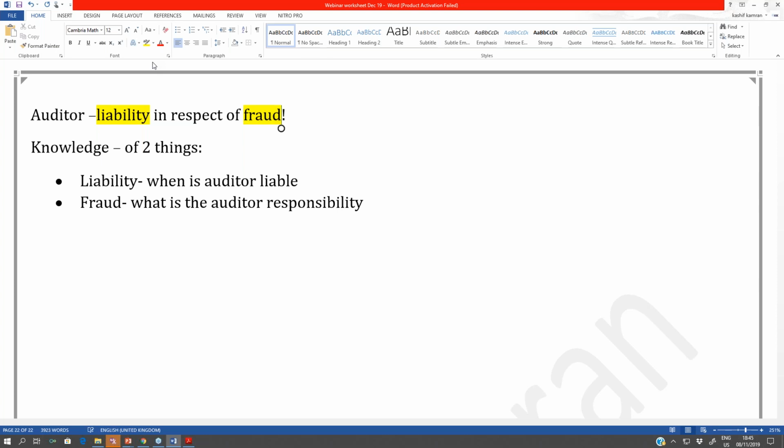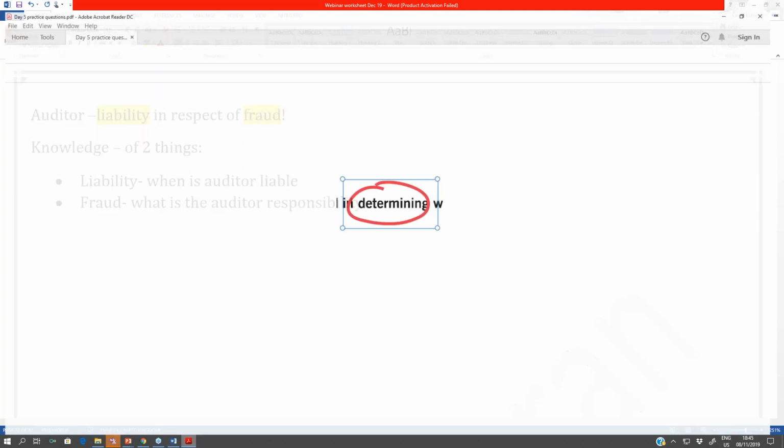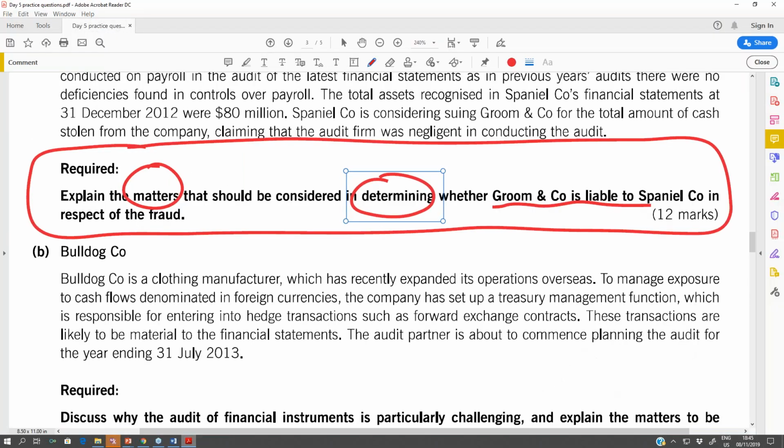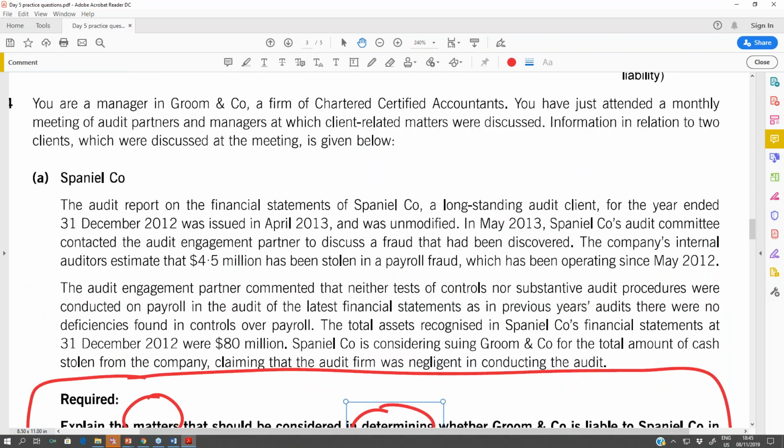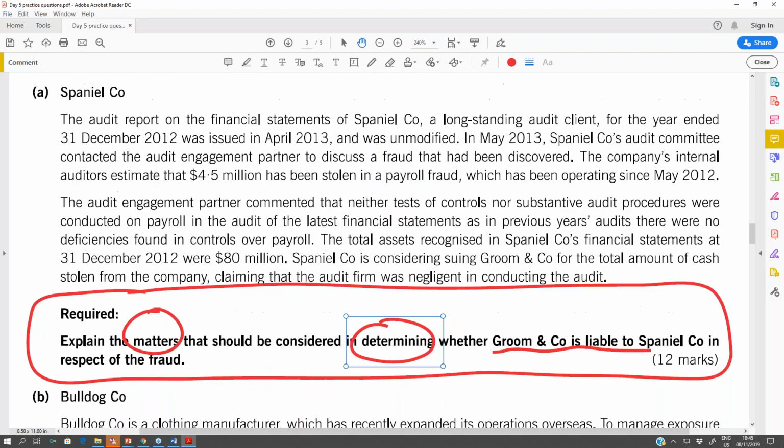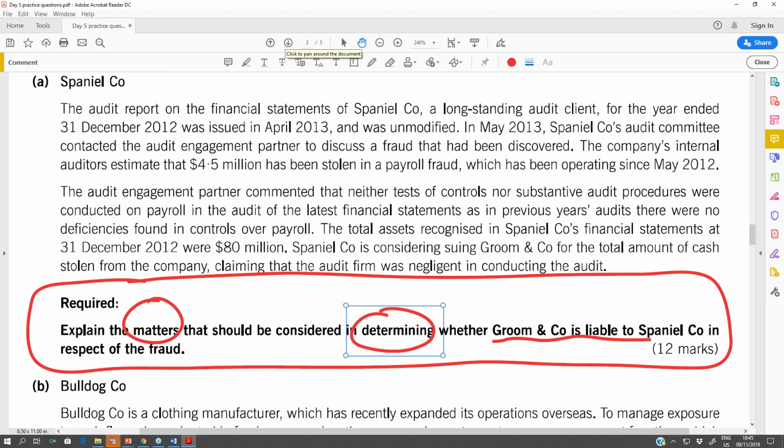Now let's go through and read this case. Let's find the clue of this case. I'm just reading this case from Spaniel. The audit report on the financial statements of Spaniel, a long-standing audit client, for the year ended 31st of December, was issued in April 2013 and was unmodified.